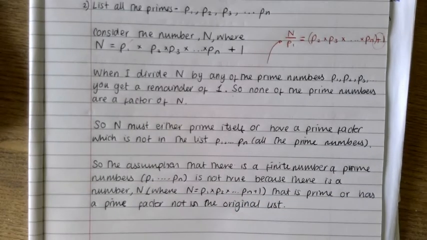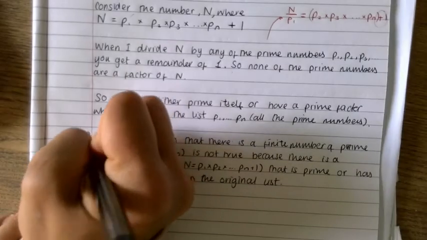That's your contradiction. So that would be step 3.